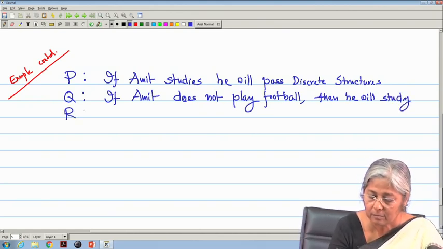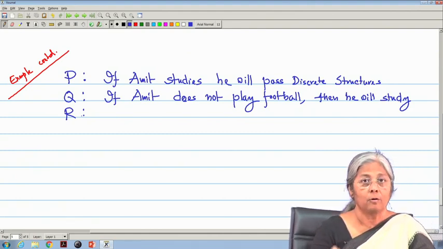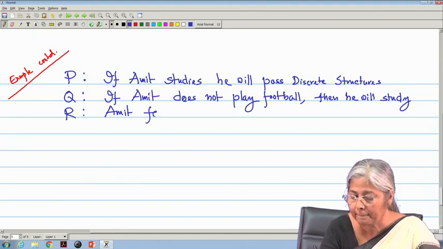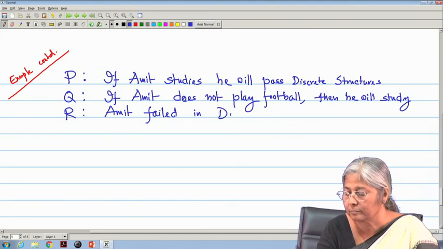R: Amit failed in discrete structures course.